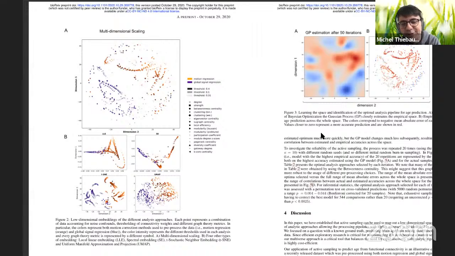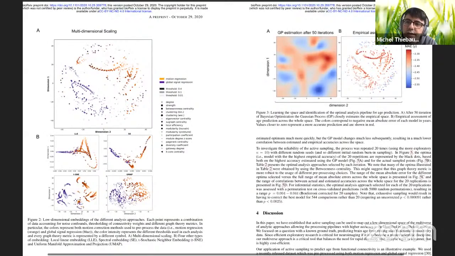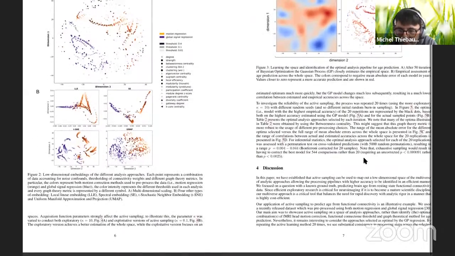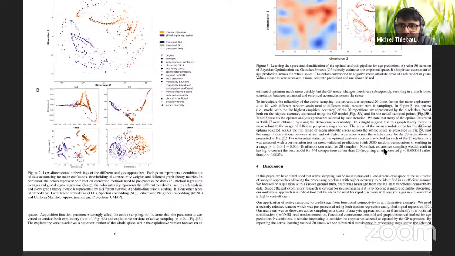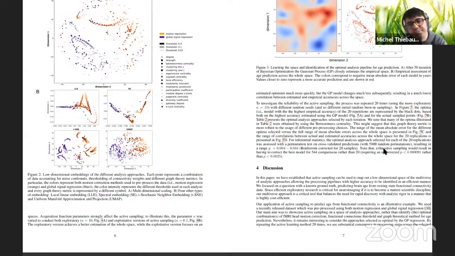But what I saw is they use Bayesian statistics, which are interesting because that allows them to also reject some parameters as not being good at all to predict the age. On the other hand, they also find the optimal parameters thanks to the Bayes factor. What I didn't really understand is, I didn't really find the values here. But that's what I got.